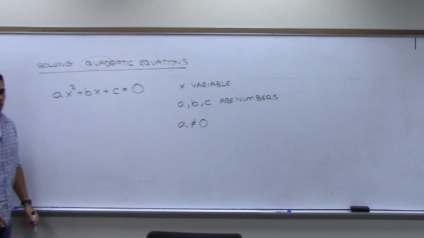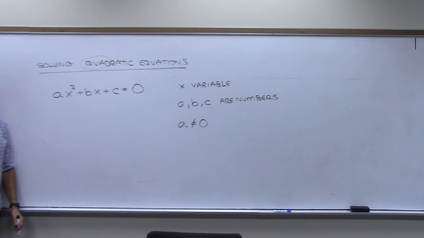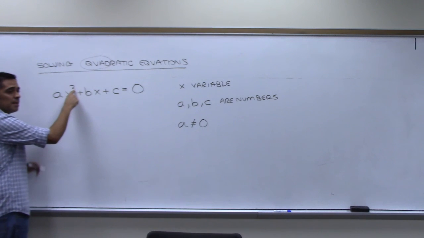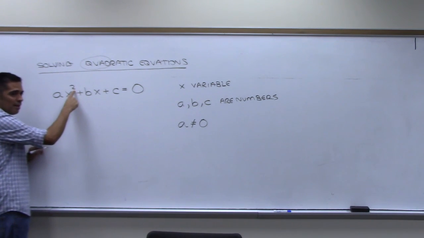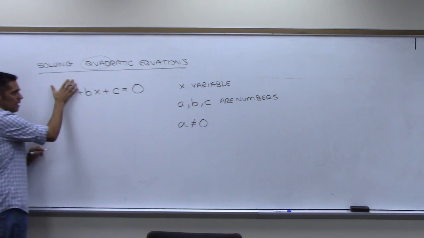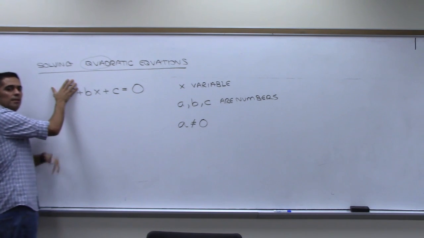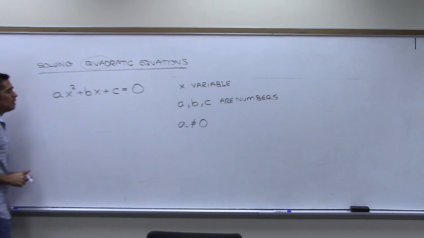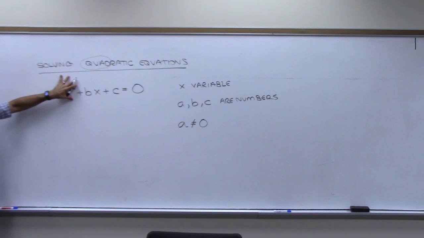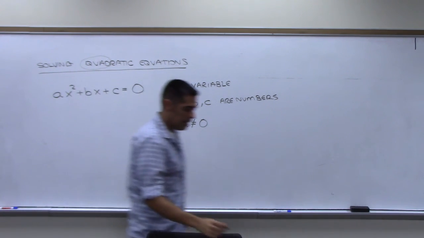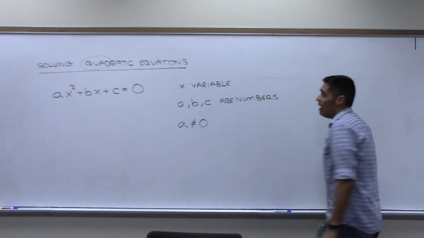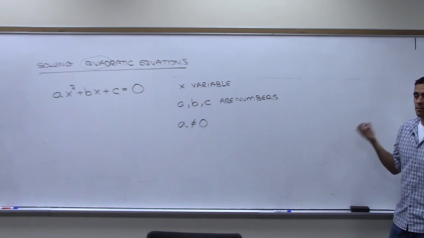Quad, 2, power 2 on the variable. This power has to be here in order for us to call it a quadratic. If that goes away, this doesn't have a 2, it's not quadratic. All right? This would actually be a linear equation. So that's what a quadratic looks like. And we have techniques for solving these, for finding answers.